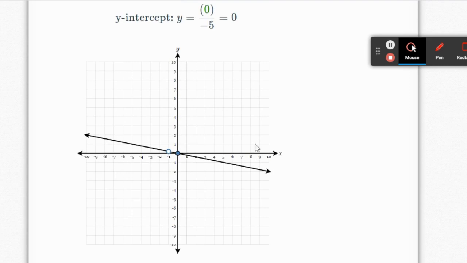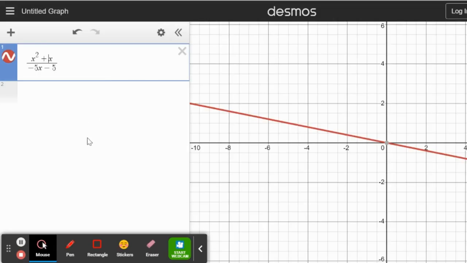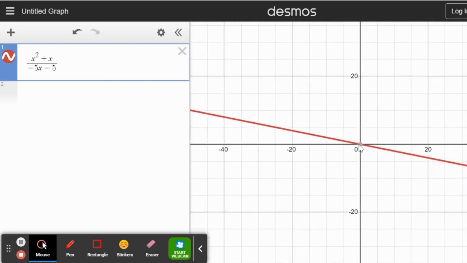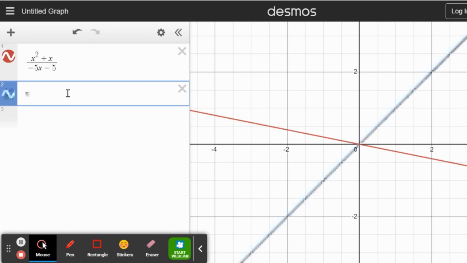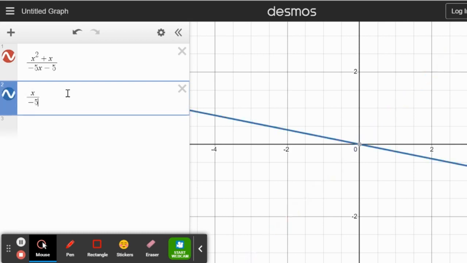Now, the deal with Desmos, if you do that, let's check out Desmos a second. So if I graph this on Desmos, what you're going to see is it really just looks like a line. So if I graphed the function x over -5, you're going to see that it's identically the same. But it's actually not identically the same.